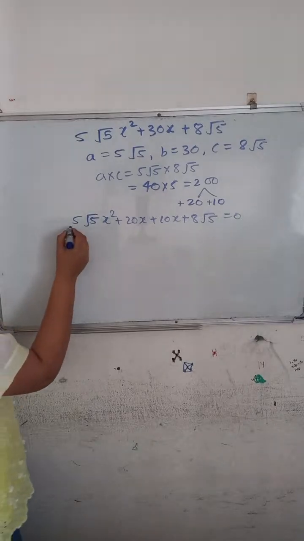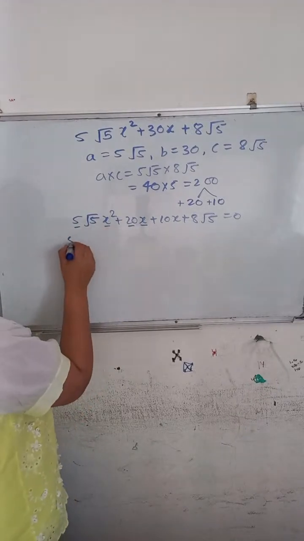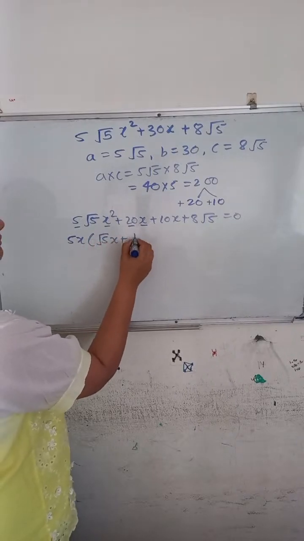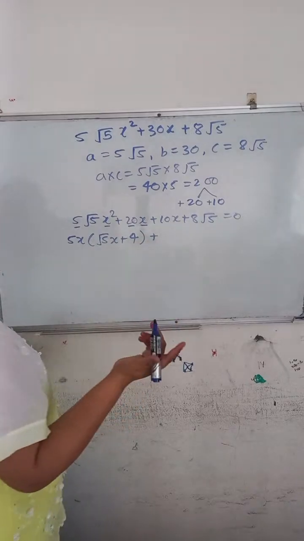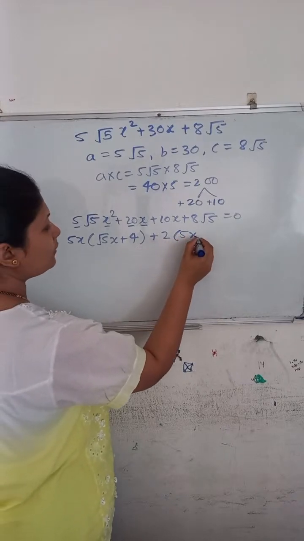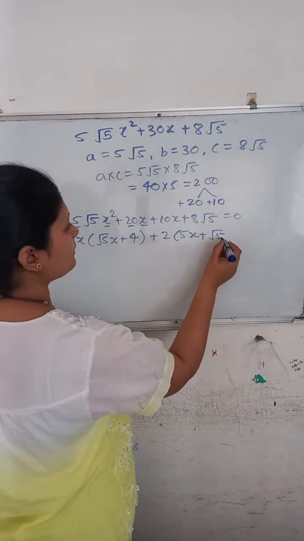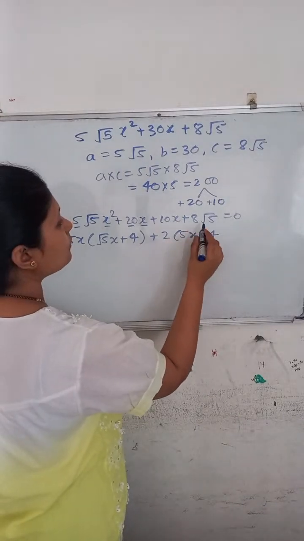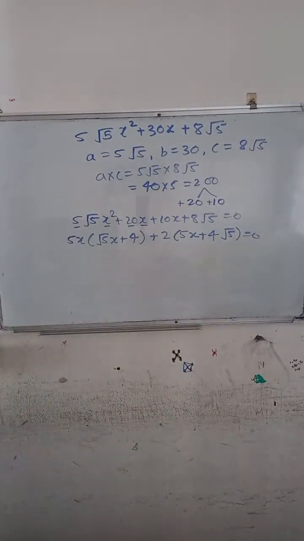Now if you observe here, x is common. 5 and 20 are in the same table, so take root 5x common: root 5x plus 5 fours are 20. Plus, 10 and 8 are in the same table, so I will take 2 common, so here you will get 5x plus 4 root 5, since 2 fours are 8, equal to 0.